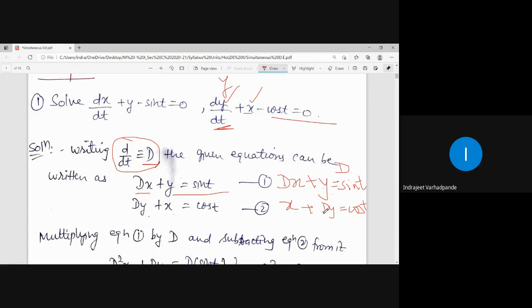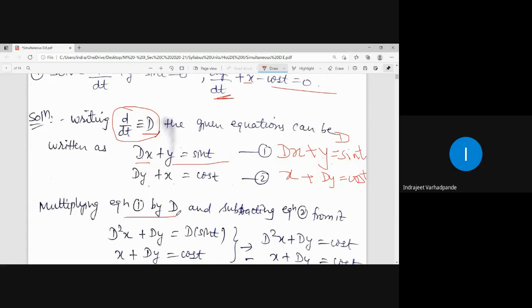Here what is the coefficient of y? D. So I will have to multiply this first equation by D so as to eliminate y, and the coefficient of y in both the equations becomes the same, and then subtraction will give you the cancellation of that term. So I multiply equation 1 by D and subtract the second equation from it.